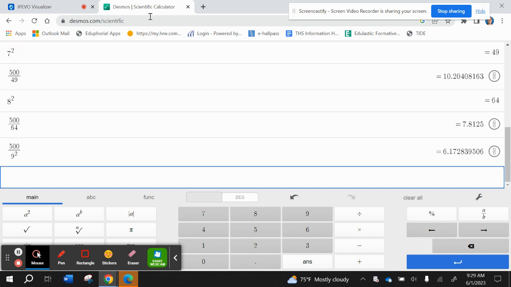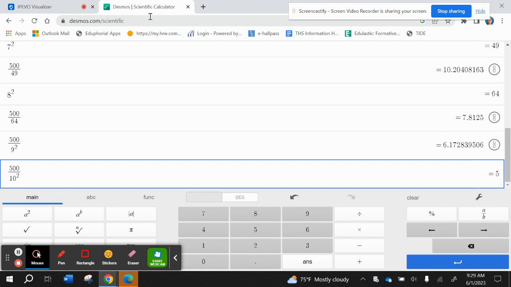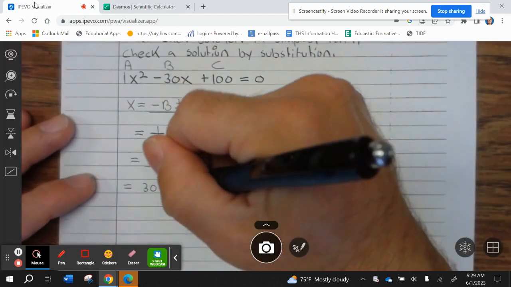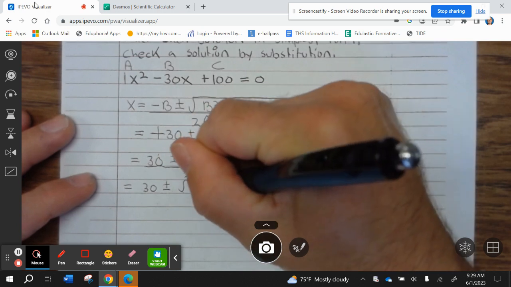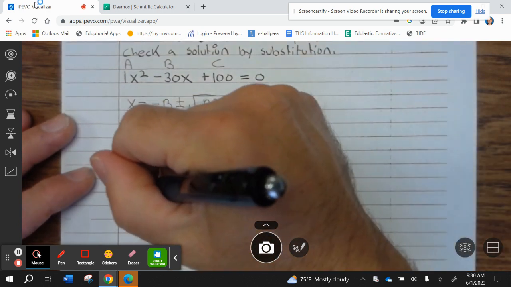Nope. Let's try 500 divided by 10 squared. So that means we have 105. Okay. So we can rewrite this as 100 times 5, divided by 2.